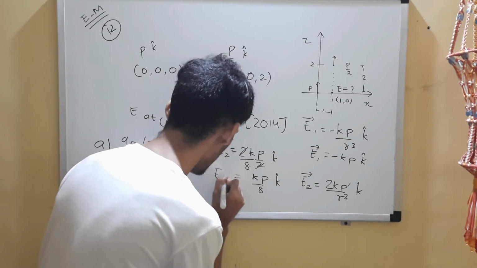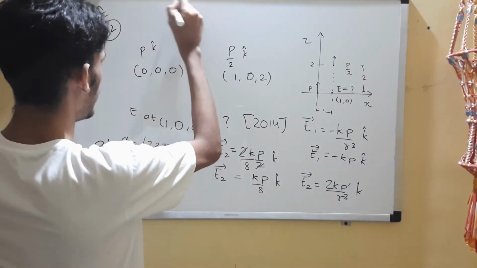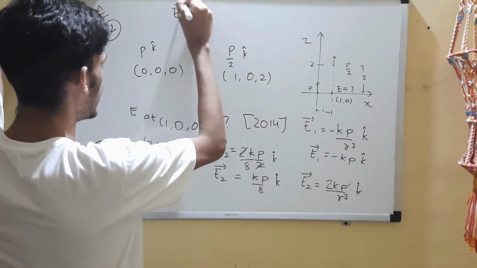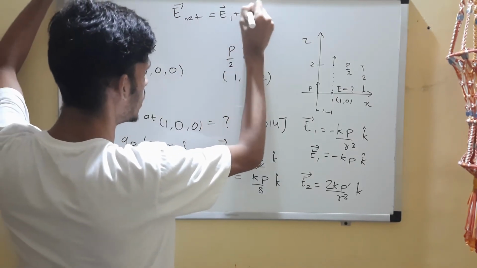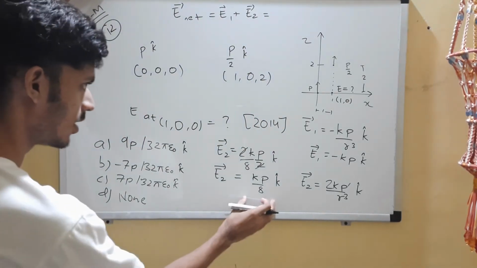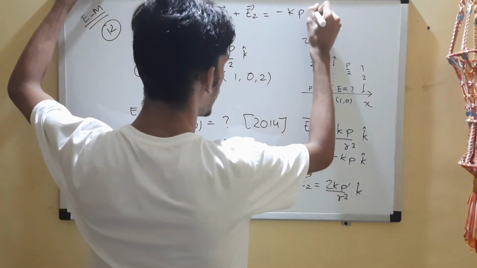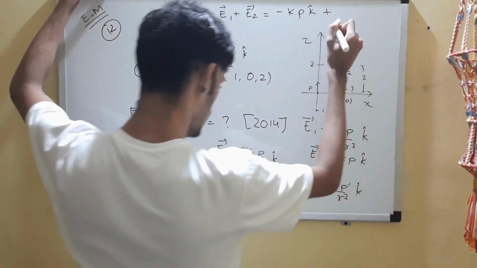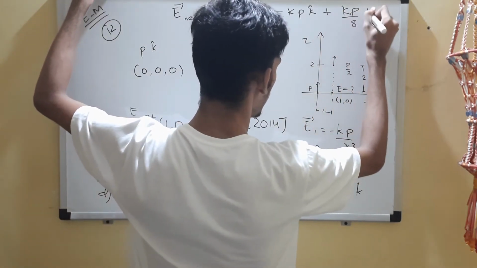So you have E2 and you have E1. What do you have to do? You have to find E net, which will be nothing but E1 plus E2. Vectorially, you just have to add them. So minus kp k cap plus kp by 8 k cap.